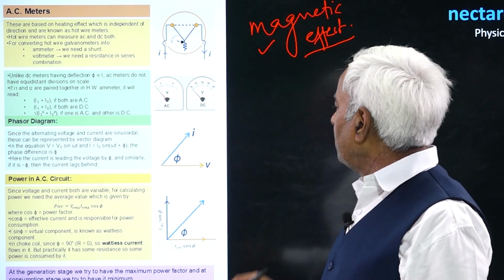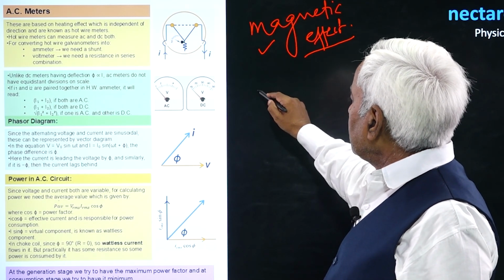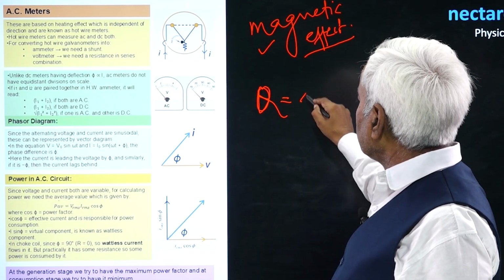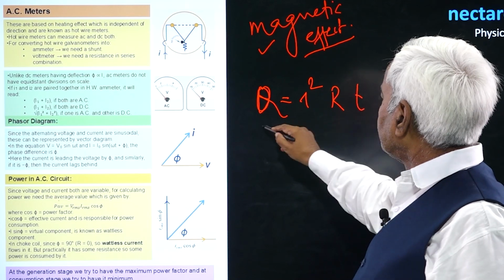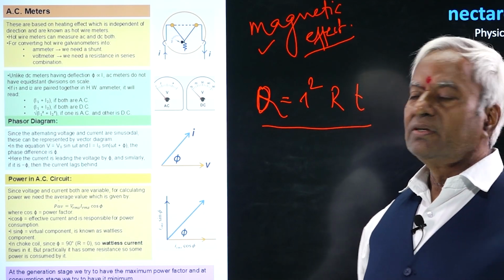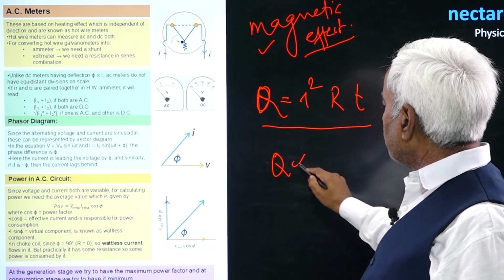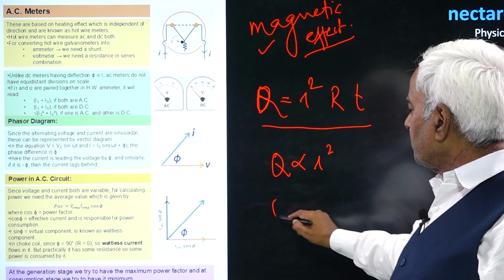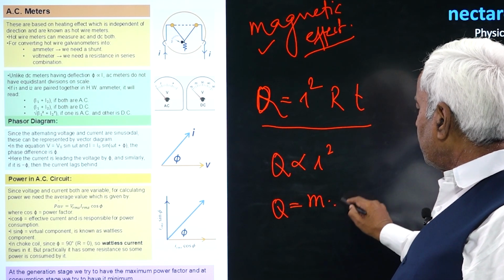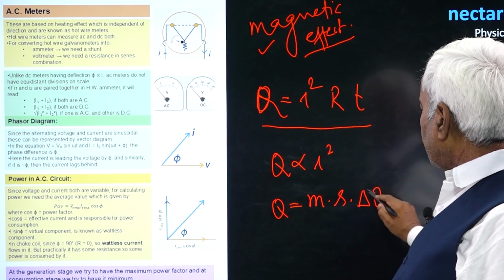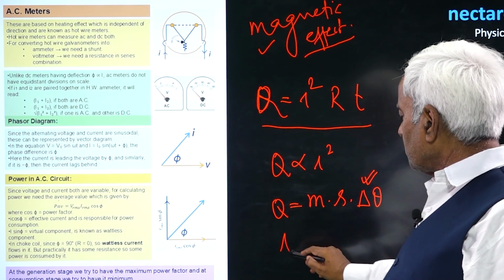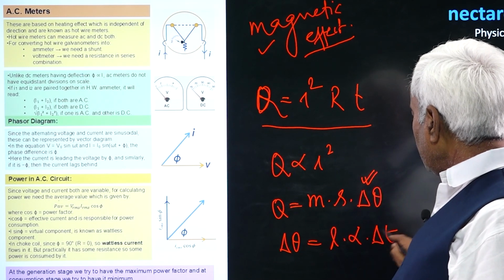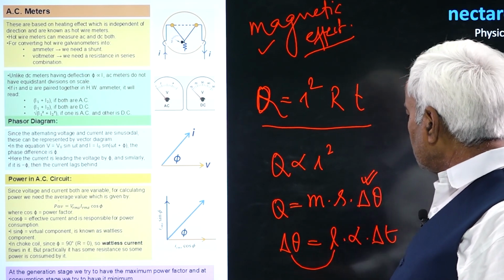But one thing is very peculiar here, that heating effect, or you might say the heat produced, is given by this relation. Here the heat is proportional to square of the current, and heat is going to change the temperature of the wire that we will be using here, and this change in temperature is going to change the length of the wire.